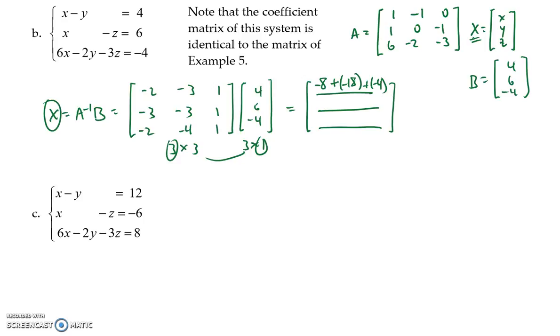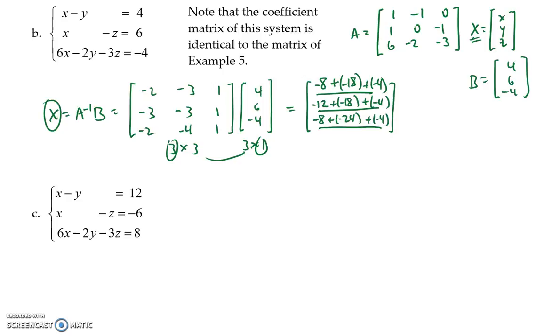For the second entry, in the second row, -3 times 4 is -12. -3 times 6 is again -18. And 1 times -4 is -4. And for the third entry, using the third row, -2 times 4 is -8. -4 times 6 is -24. And 1 times -4 is -4.